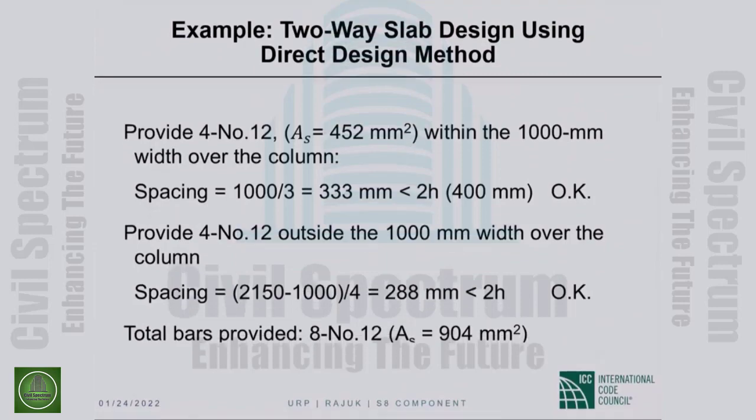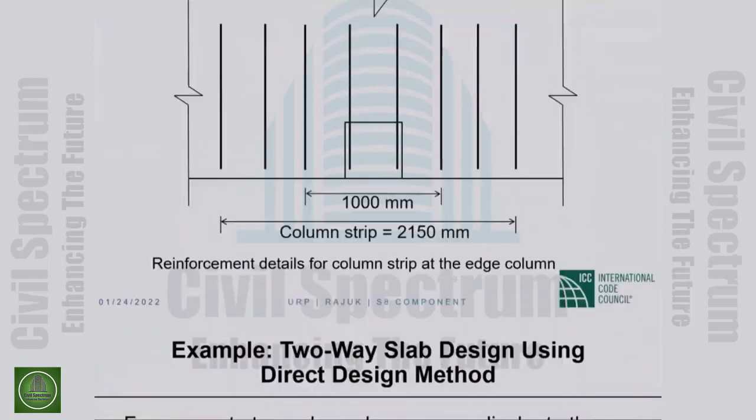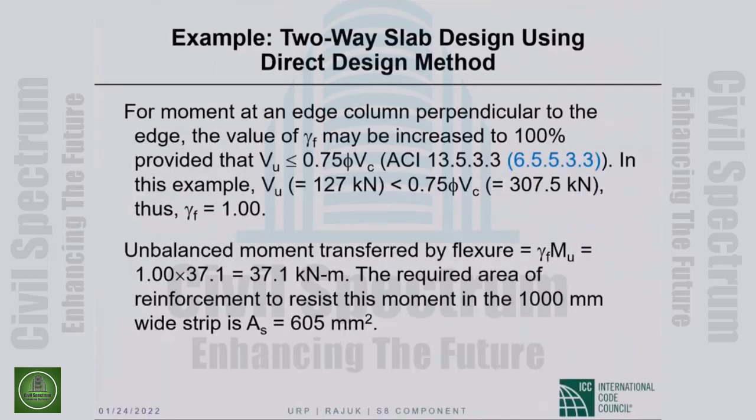Total area 904 square millimeters. Okay. So that's when we did not take advantage of the flexibility that we have. We transferred 62% of the unbalanced moment by flexure.